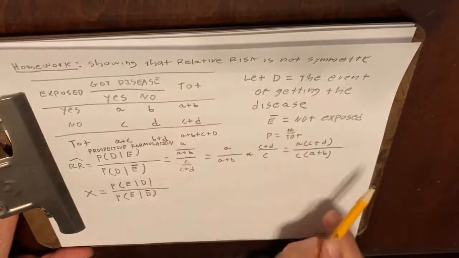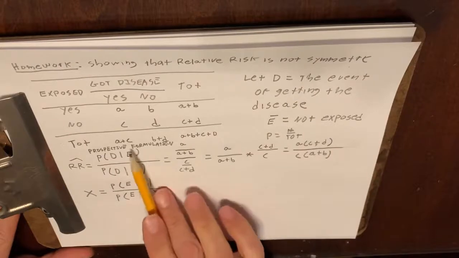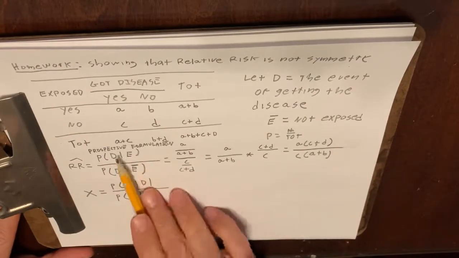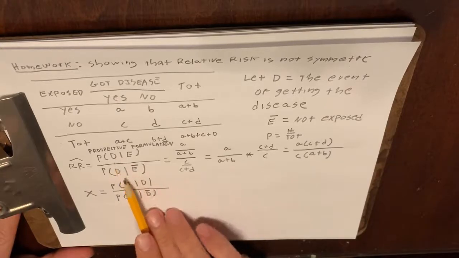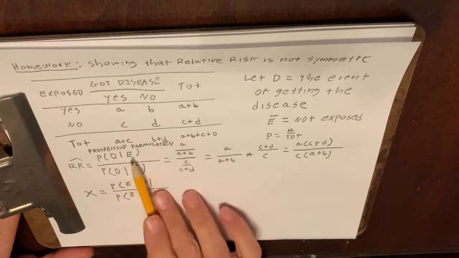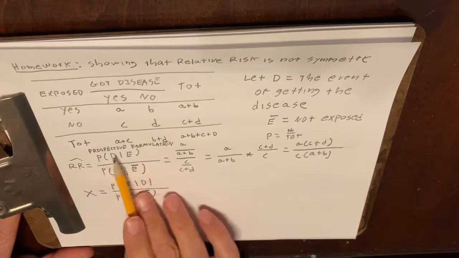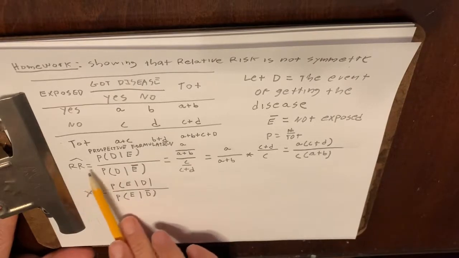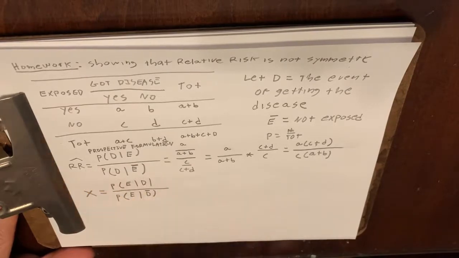This is a prospective formulation because given exposure versus not exposure, what's the probability of actually getting the disease? So we're looking at exposure first. The condition always comes first, and then we're looking to see an outcome. So this is what relative risk is, right?